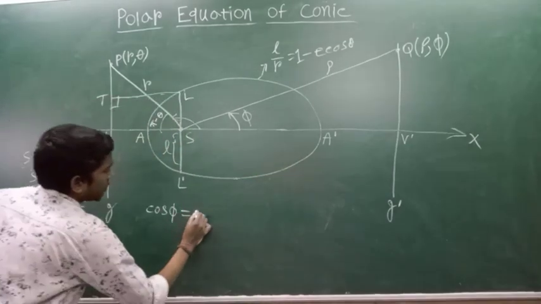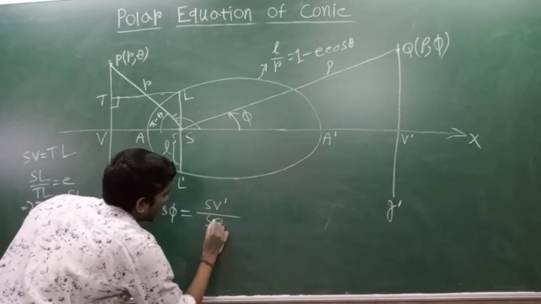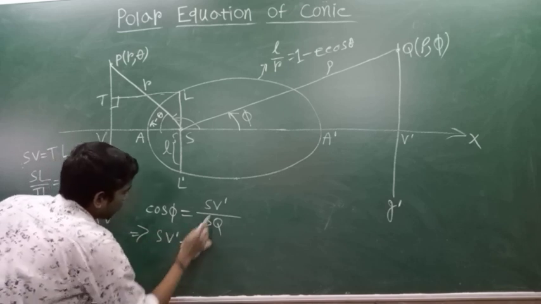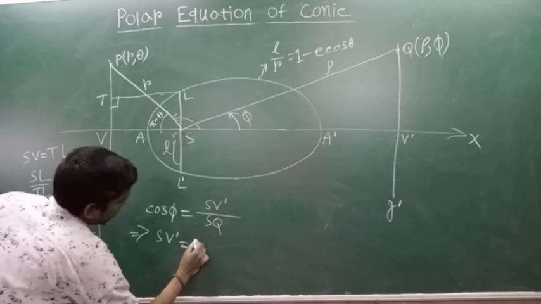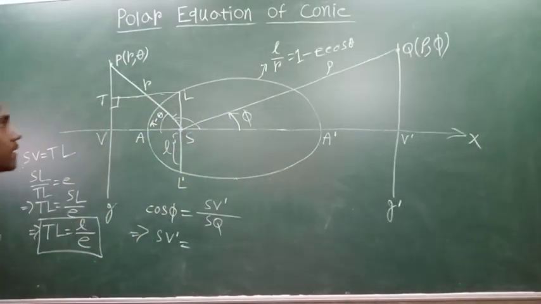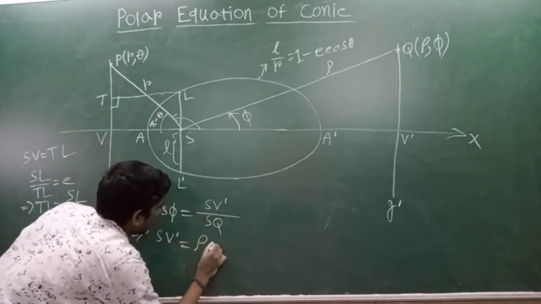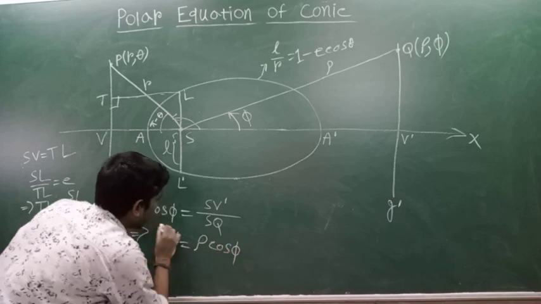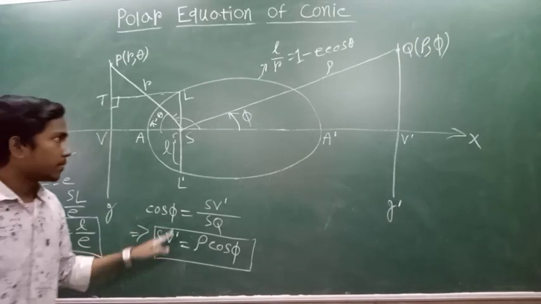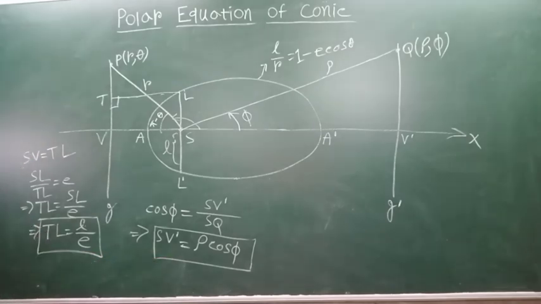Base is SB dash divided by hypotenuse SQ, which implies that SB dash is equal to SQ, this length, which is the radius vector rho. So this is rho cos phi. This is the equation of the directrix, but we do not know SB dash. So we first have to find the length SB dash. Okay, keep this in your hand.